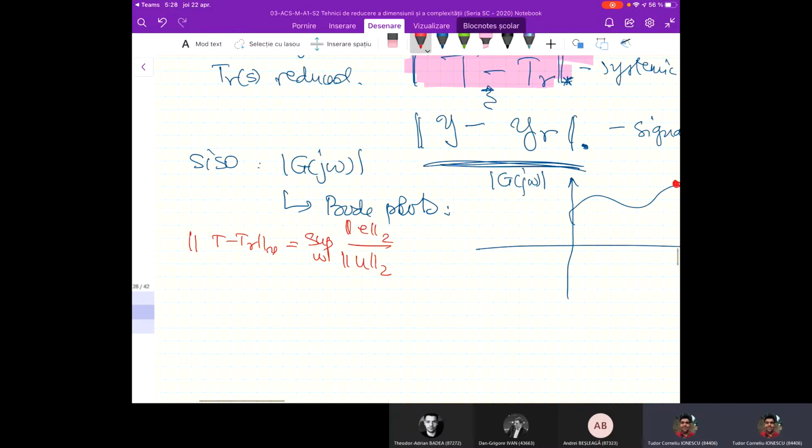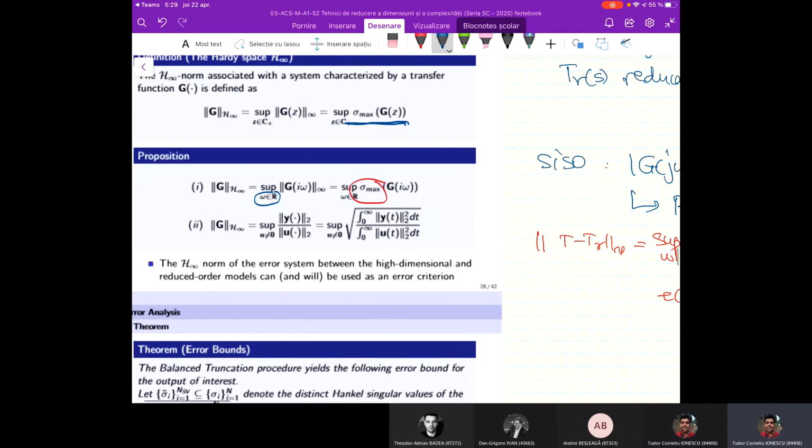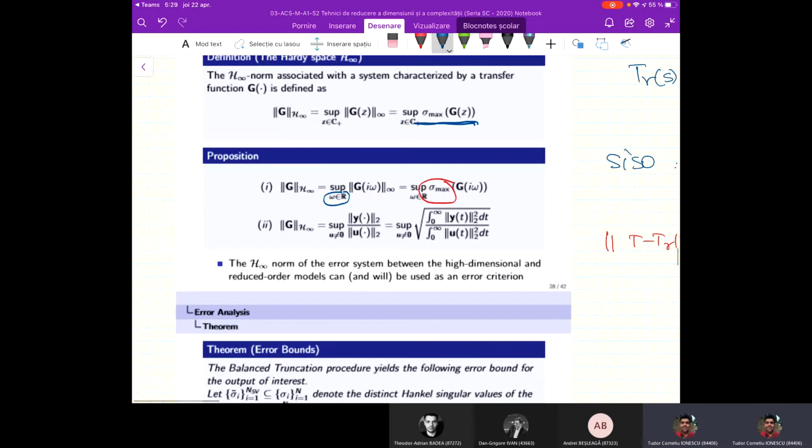Where E(t) is the approximation error signal.